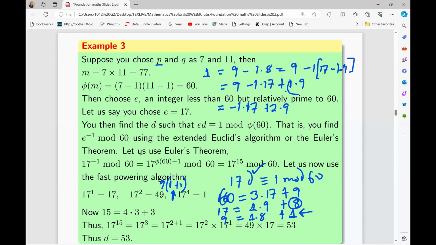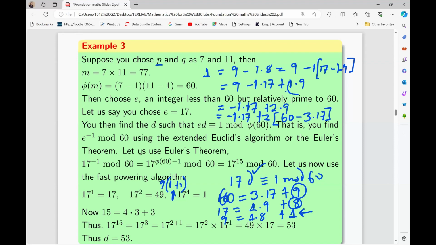Now we replace this other remainder. So what do we have? Negative 1 multiplied by 17 plus 2 into, this remainder is 60 minus 3 multiplied by 17.